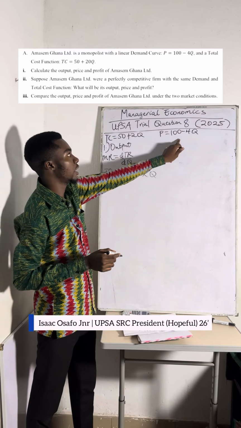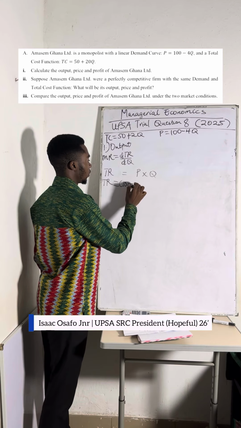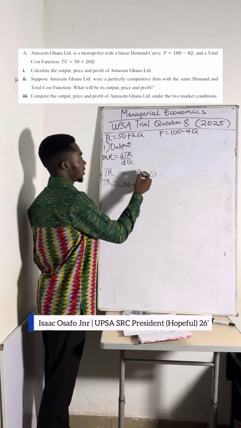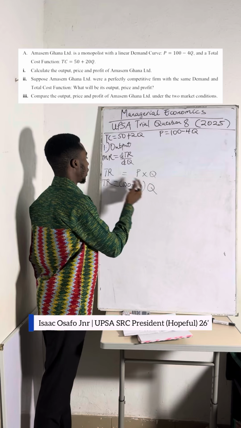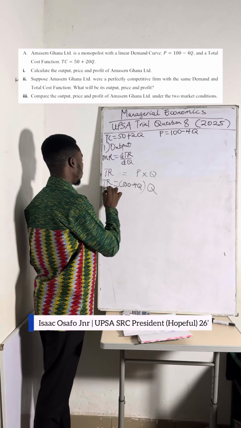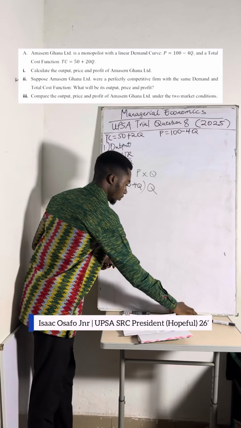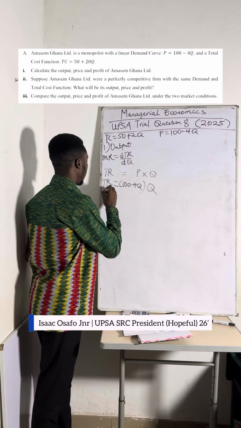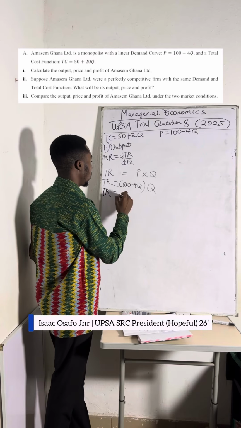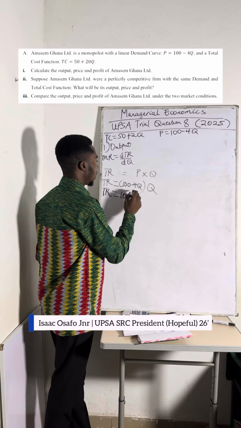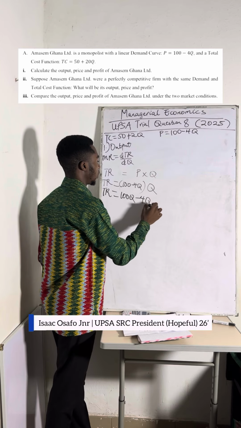Fortunately, they've given us the price, which is P equal to 100 minus 4Q, times the quantity, which is Q. So now we can find our total revenue. The total revenue will be equal to 100 minus 4Q times Q. So 100 times Q will give us 100Q. The negative 4Q times Q will give us negative 4Q squared.